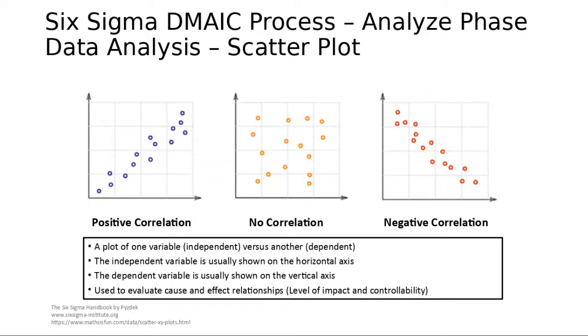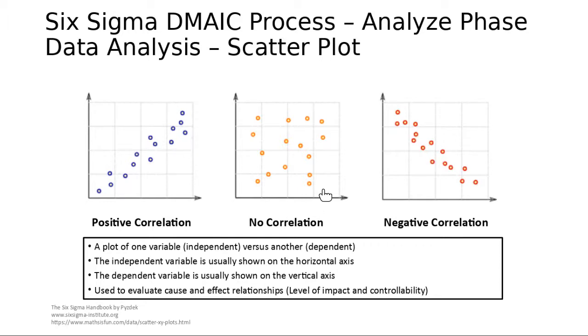The scatter plot is one of the tools, and I believe it has also been covered earlier in statistics or design of experiments, to measure the correlation between two factors or two variables. If there is a correlation, you will see the points form a line. If it is a positive correlation, it will be linear, and if it is a negative correlation, it will also be linear but going the other way, decreasing instead of increasing.